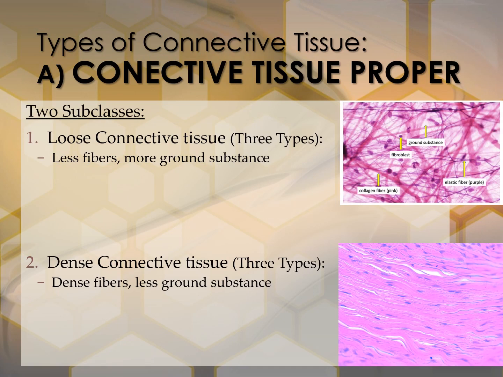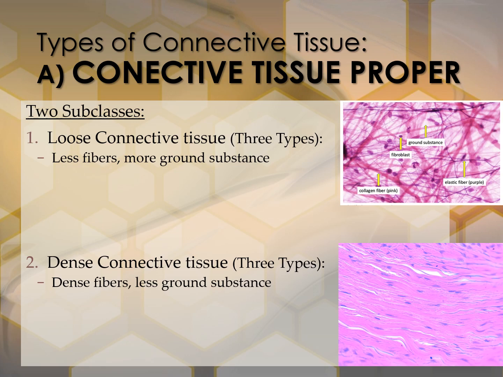Now, what are the different types of connective tissue? We said there's so many, right? It's a diverse group, so we've got to break it down a little bit. So when we're talking about connective tissue proper, we have two subclasses of connective tissue proper, okay? And think to ourselves, what are the cells in connective tissue proper? We said fibroblasts, okay? So we're going to be looking for fibroblasts.